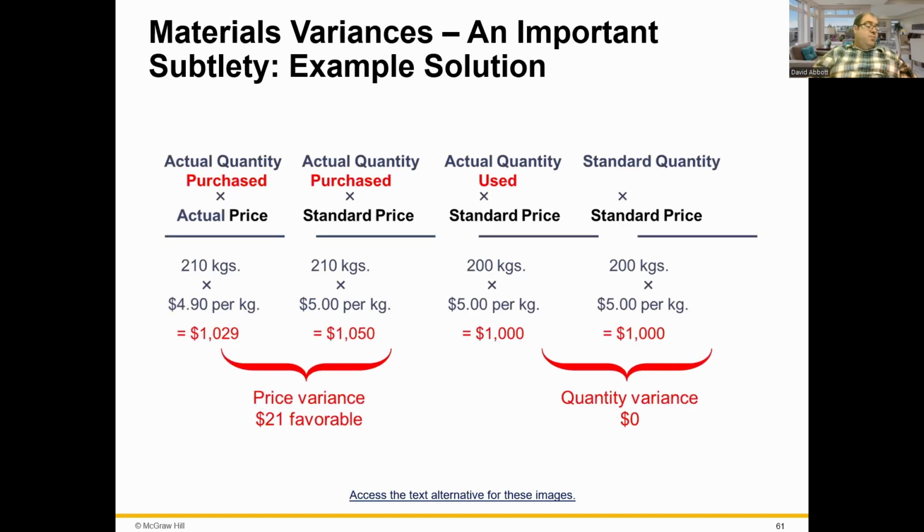The material price variance would be computed using the actual quantity that was purchased, which is 210 kilograms. Therefore, the material price variance is $21 favorable. And then the material quantity variance is computed using the actual quantity that was used in production, which is 200 kilograms, and that's what the standard calls for. So we had no variance in direct material quantity.